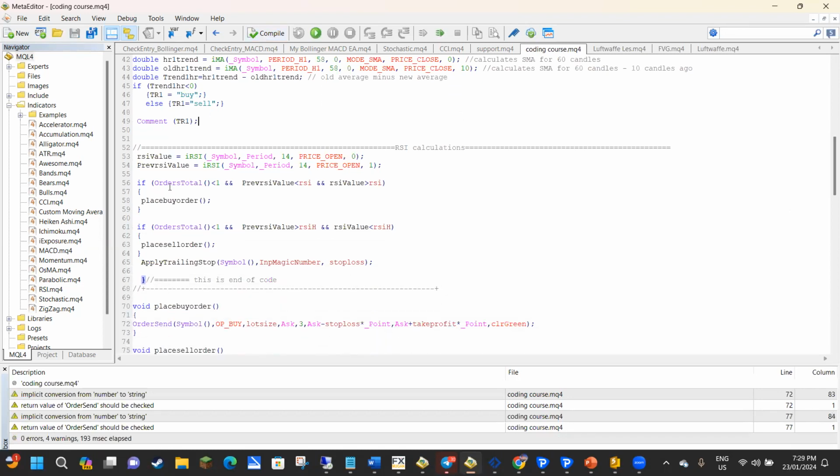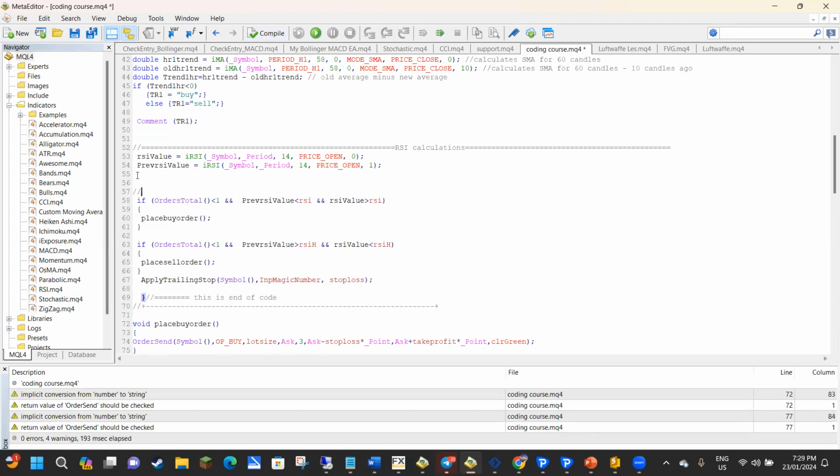And then if we come down to our actual trade logic, we're just going to add another requirement before it'll place a buy order. So that new trade logic is simply going to be that we want the trend 1 hour.